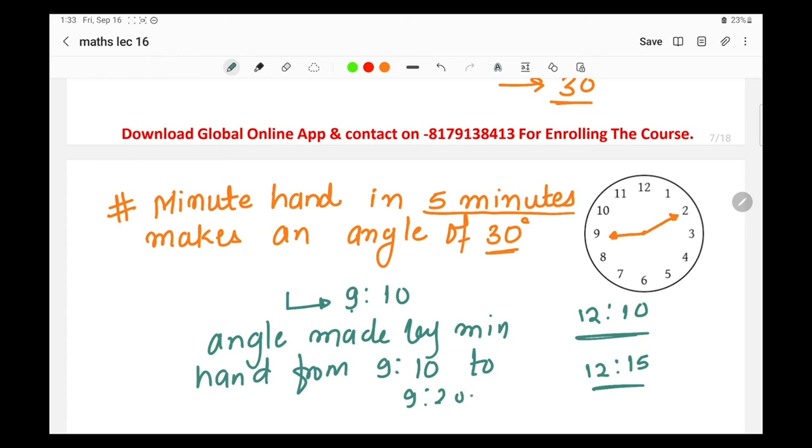Now when the time becomes 9:20, it means the minute hand is on 4, right? So how much angle has the minute hand crossed in these 10 minutes? As we know, in 5 minutes it is crossing 30 degrees, and in the next 5 minutes it will cross again 30 degrees.